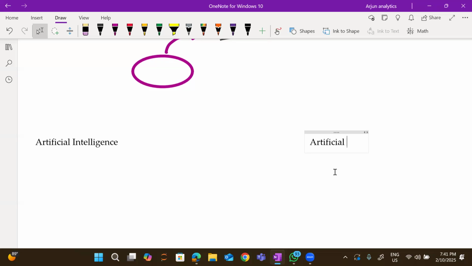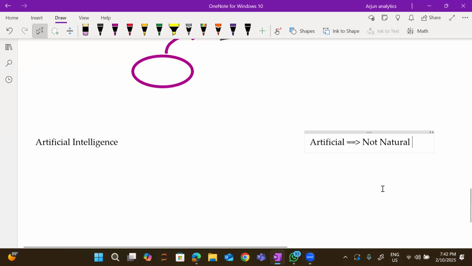Can someone tell me what you mean by artificial? Man-made, not natural. It is not natural and it's made. Awesome. This is nothing but which is not natural, right? Thanks a lot for your response, Darshan.